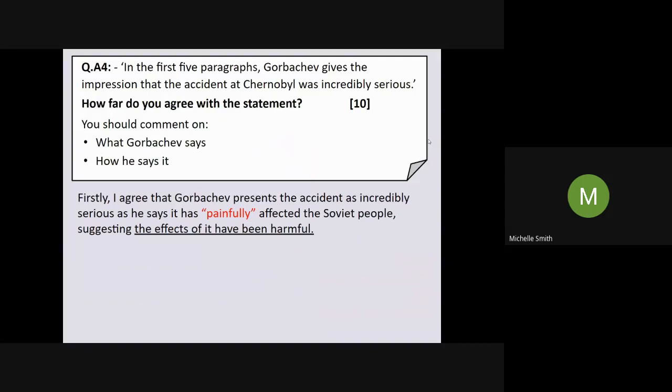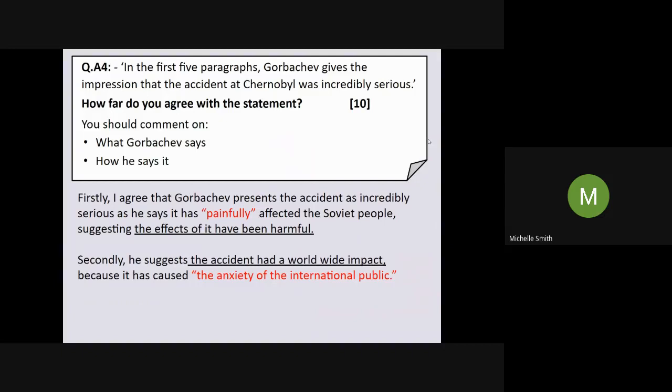Firstly, I agree that Gorbachev presents the accident as incredibly serious, as he says it has painfully affected the Soviet people, suggesting the effects of it have been harmful. So nice and simple. Yes, I agree it's serious, because if it wasn't serious, he wouldn't be saying it's painfully affected people, would he? And pain usually is synonymous with harm.